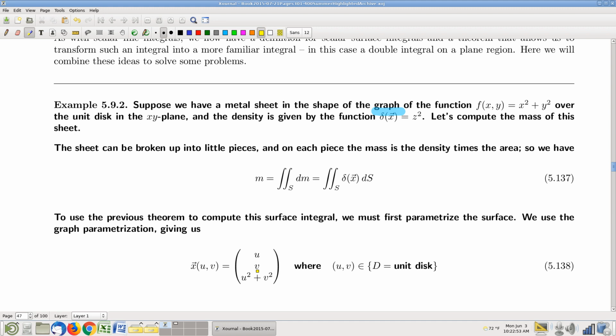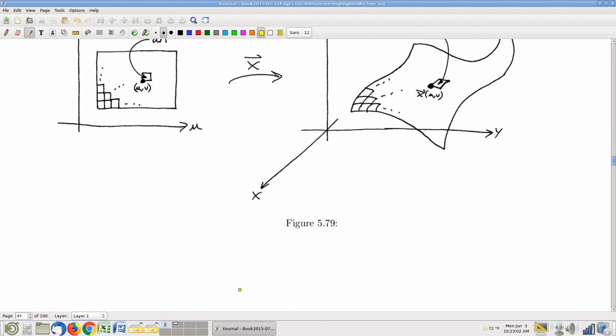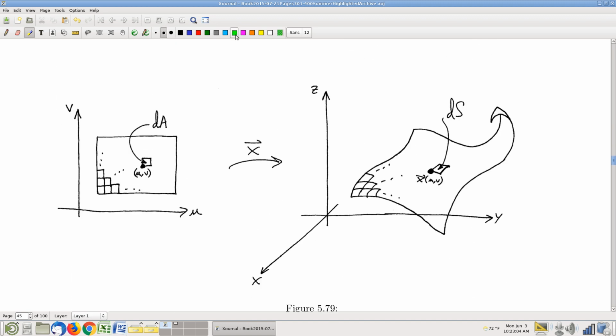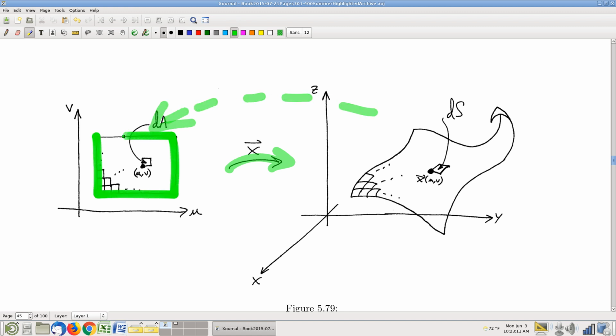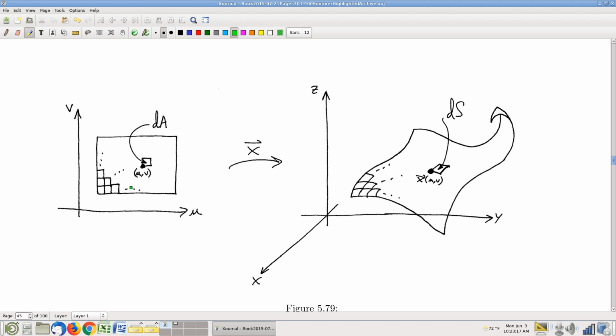Let's talk about what the domain is for this parameterization. What's my pullback domain? Reminder, the whole point of a parameterization is so that I can pull back my integral to a new domain, and we need to know what that new domain is. With a graph parameterization, conveniently, x is u and y is v.